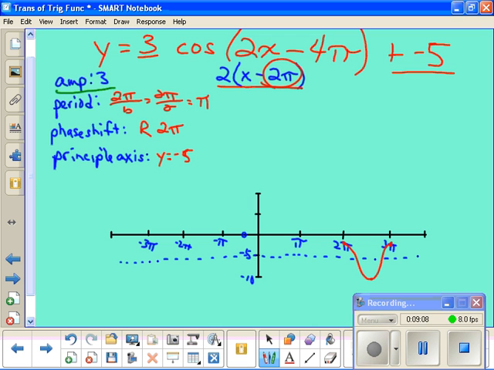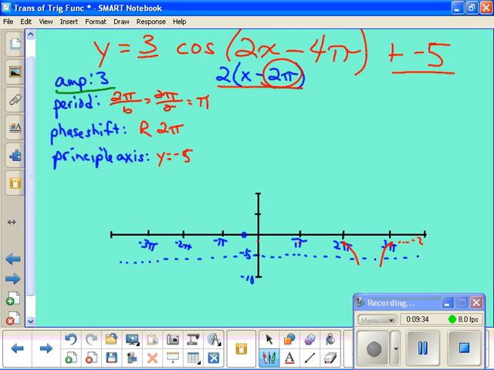And that means this is going from -2 to -8. And that cycle is going to repeat. So I've shown 1 cycle of this function. It needs to go down to -8, back up to -2, down to -8, back up to -2, down to -8. Oh, I'm a little far down here, aren't I?